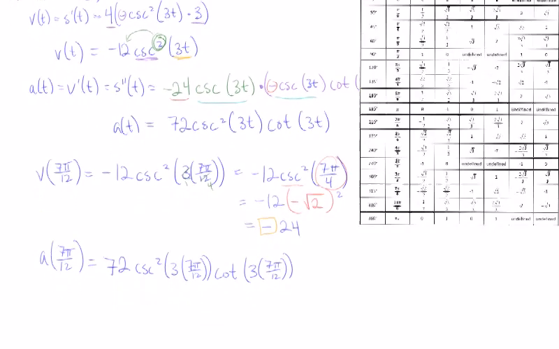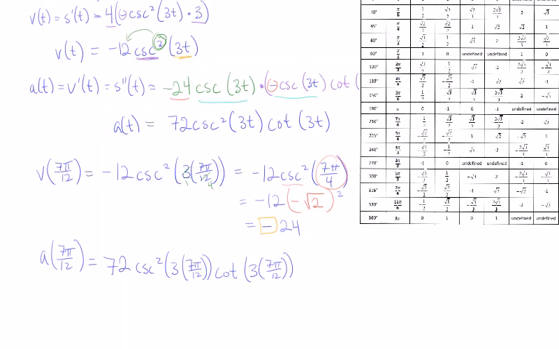Just like before, both of these are going to come out to 7 pi over 4. So it'll be 72 cosecant squared of 7 pi over 4, cotangent of 7 pi over 4.